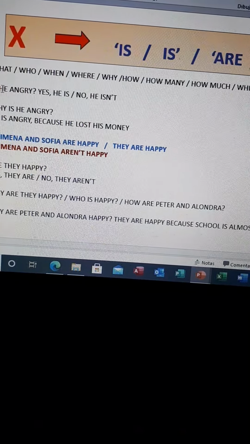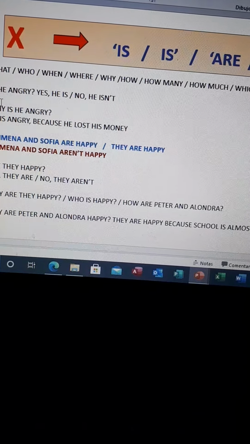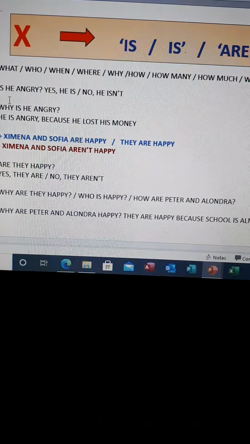We're not taking anything out, we're just changing the place, okay? So in a statement, first is the name or the pronoun, then is, am, or are, depending on the name, and then the complement. And for the question, first is the auxiliary, and then the pronoun, the name, or the subject, and the complement.